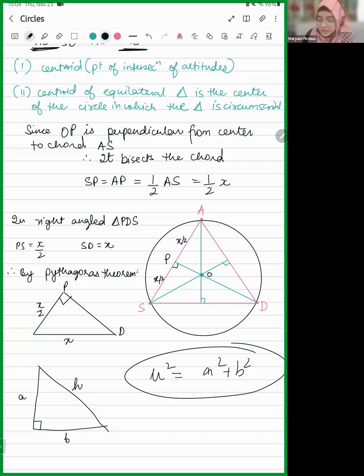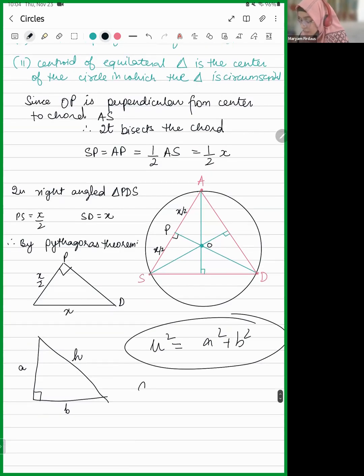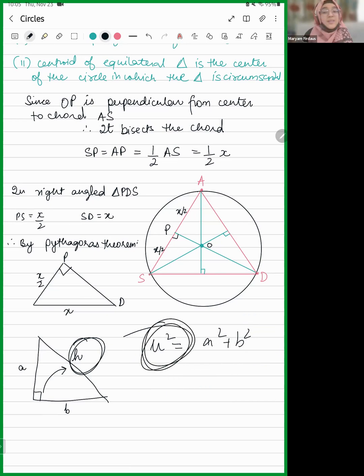Always. Don't ever make the mistake of saying a square plus h square equals b square. No. Hypotenuse, meaning the side which is opposite to the right angle, this side will be alone when it comes to this equation, the Pythagoras theorem. So h square, hypotenuse square, is equal to the sum of the squares of the other two sides.